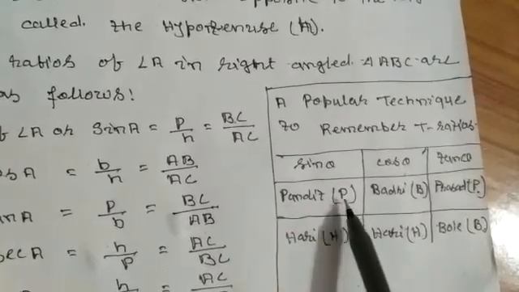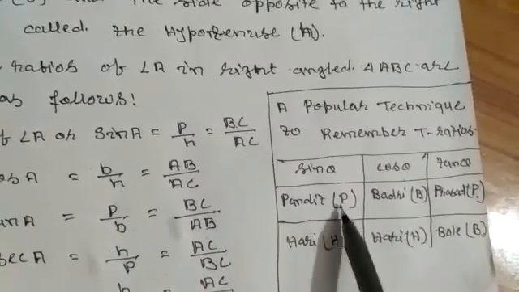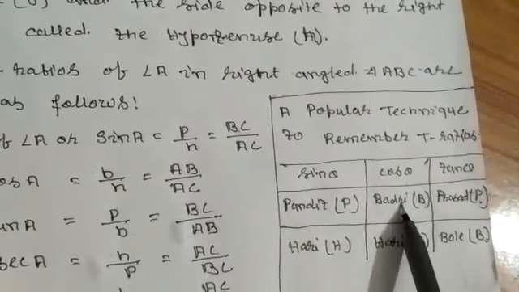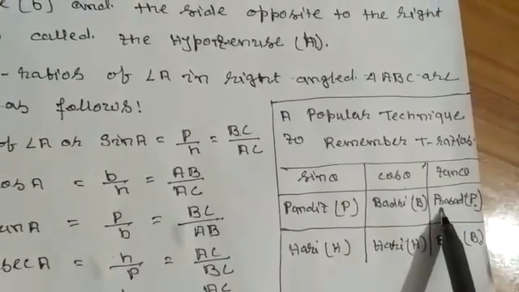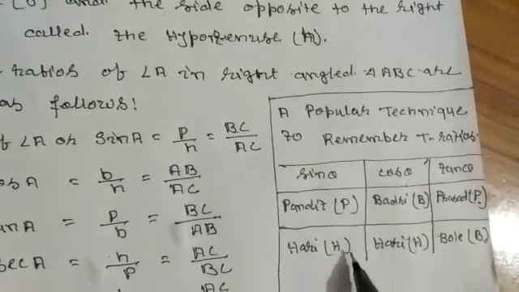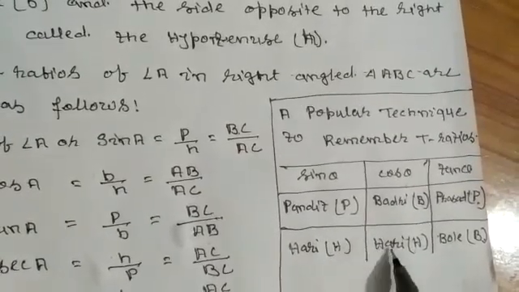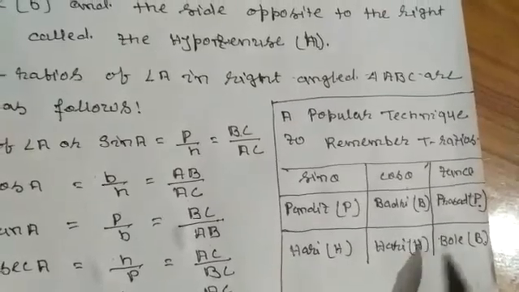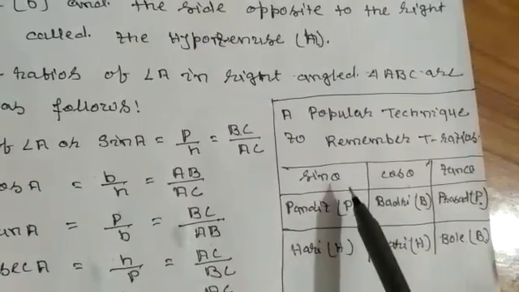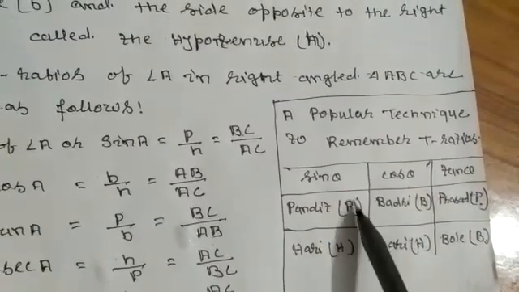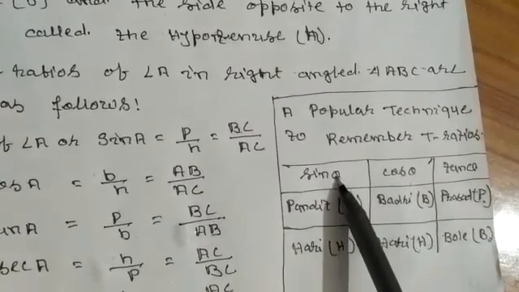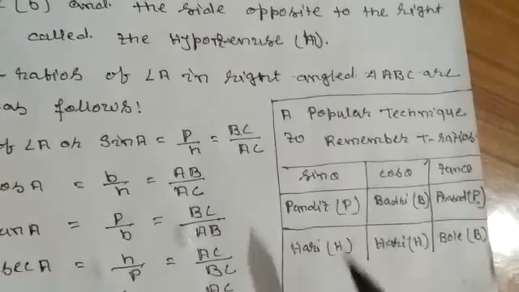And now you take the first letter of each word. From Pandit we have taken P, from Badri B, from Prasad P, from Hari H, from Hari H, and from Bol B. So when you take P by H, you get the trigonometric ratio of sine, for any angle, here I have written the angle theta.